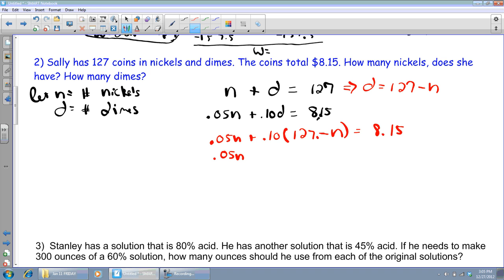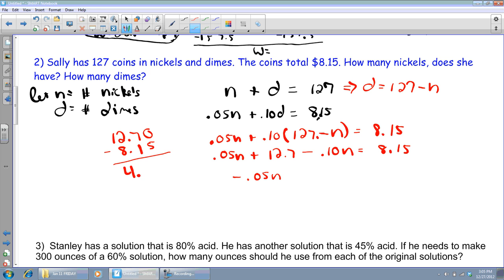So 0.05 N plus 12.7 minus 0.10 N equals 815. Combining the like terms gives me negative 0.05 N. Okay, and then subtracting 12.7 from 815. Now, remember that 815 is the positive, the 12.70 is the negative. So I'm going to subtract it this way, but then I'm going to change my answer to be negative.